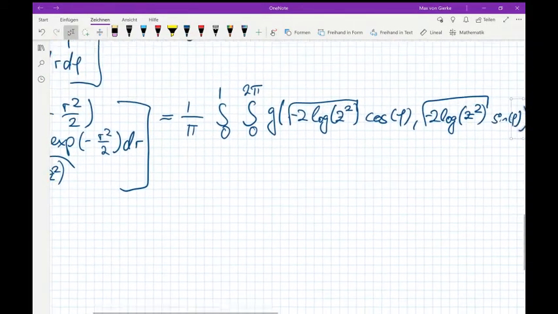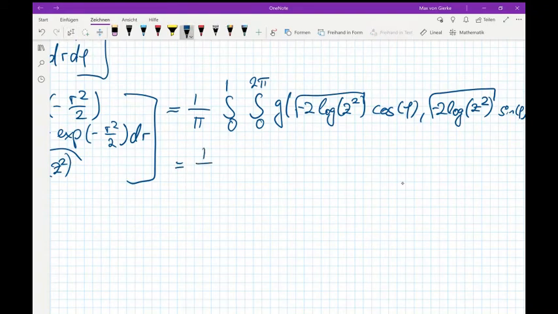Okay, so we then make some computations. Integral from 0 to 2 pi.